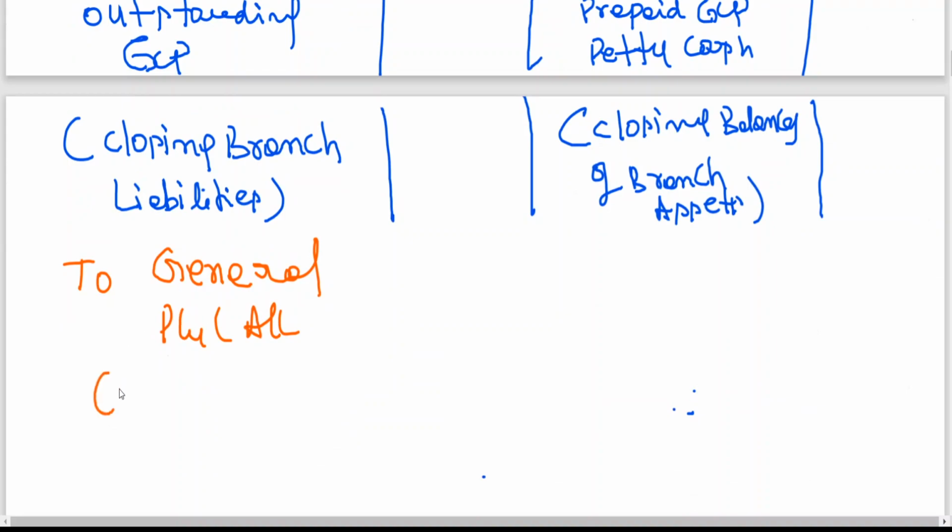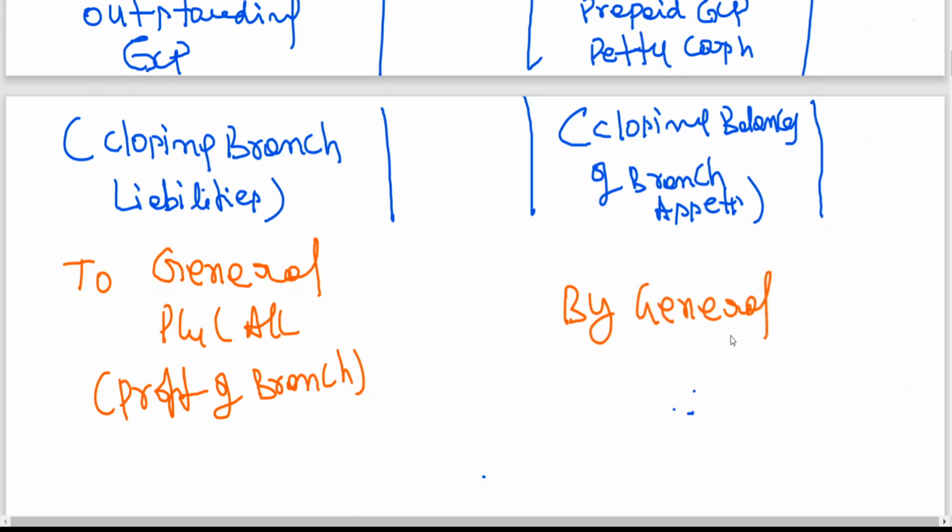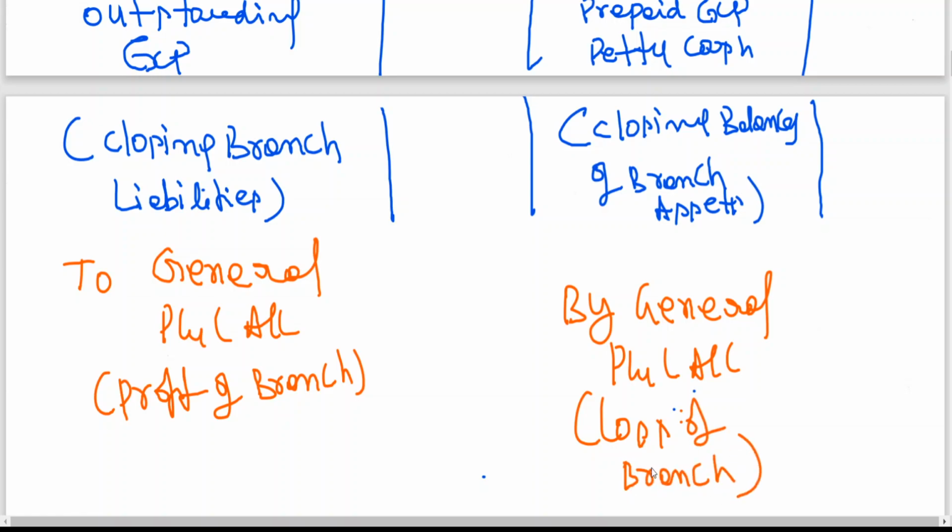Profit of branch, by general P&L account. Loss of branch. Clear to all of you?